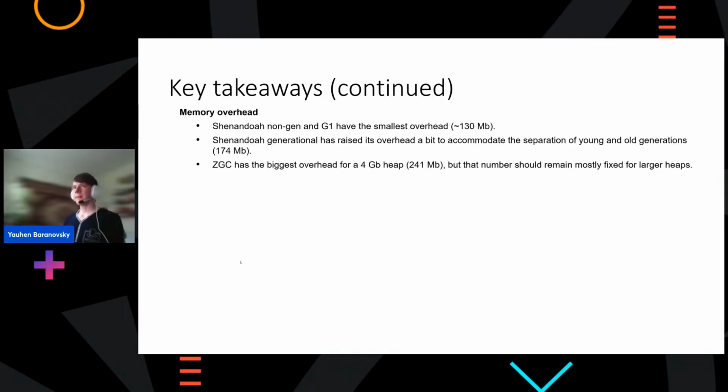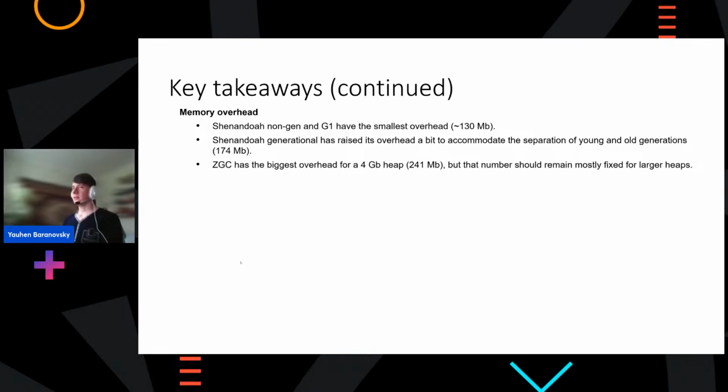Let's see. And as for the memory overhead, which means the amount of memory allocated for garbage collection exclusive needs, Shenandoah and G1 provided the smallest overhead of around 130 megabytes. Shenandoah generational consumed a little bit more, which is explained by the need to track two different generations.